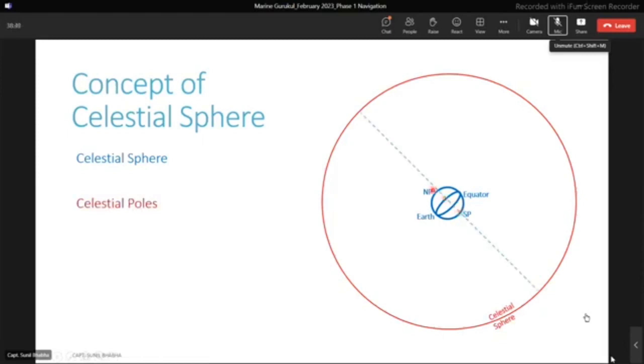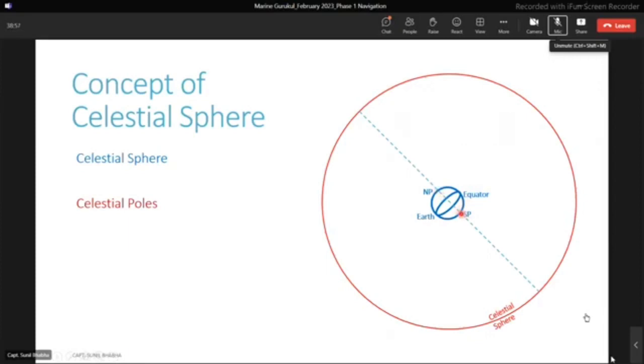You can see this dotted line. This dotted line represents the axis around which the Earth rotates. The points at which it cuts the Earth's surface are the North Pole and the South Pole. They are already marked in the diagram.